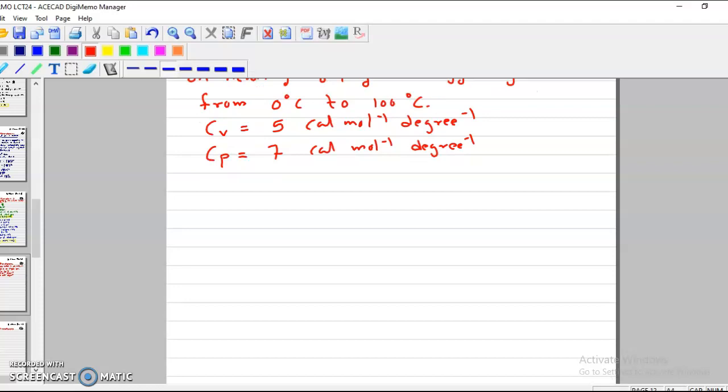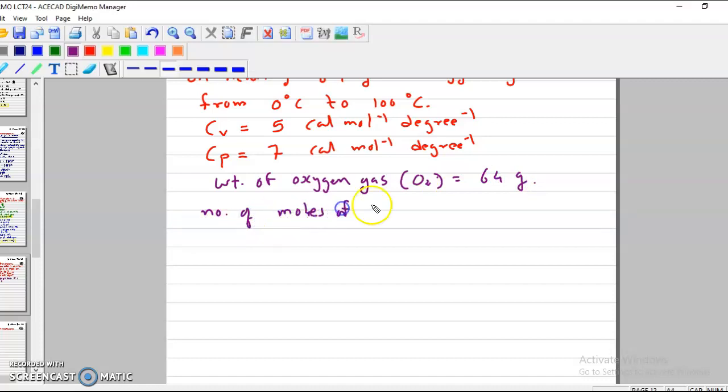Okay, so here 64 grams of oxygen is given. So weight of oxygen gas, which is O2, is 64 grams. So number of moles of oxygen n is equal to 64 upon molecular weight of oxygen 32, and that is 2.